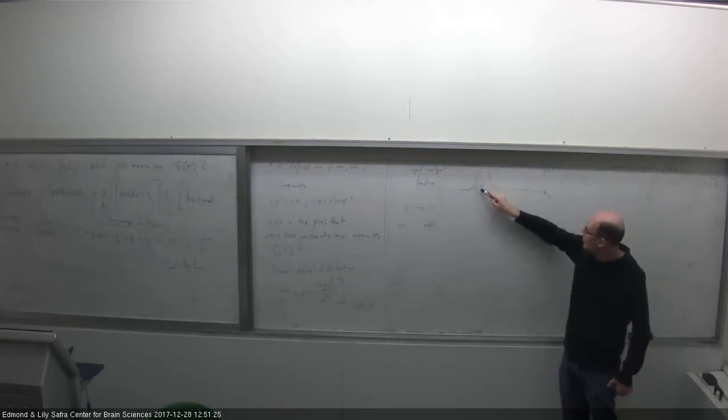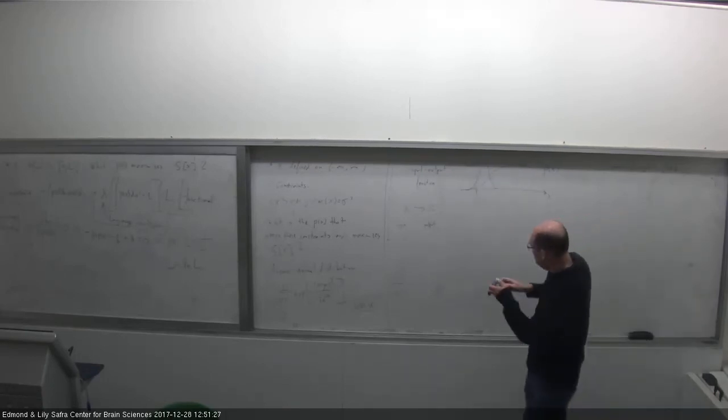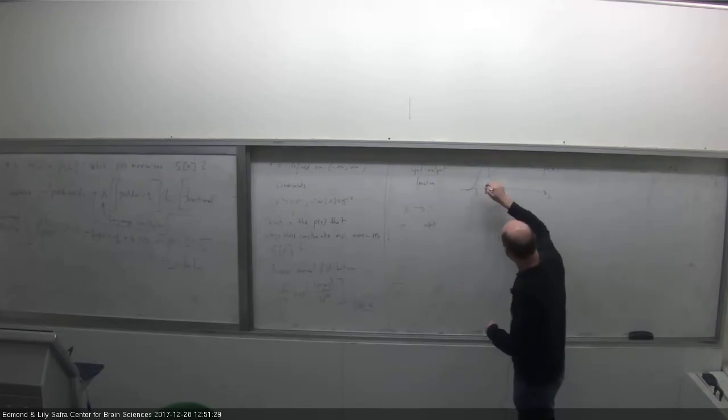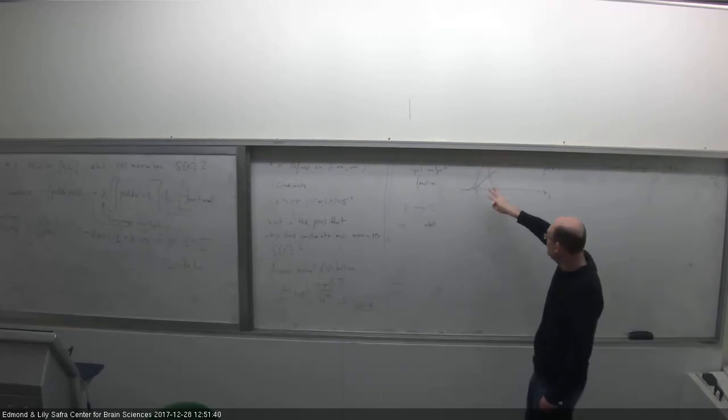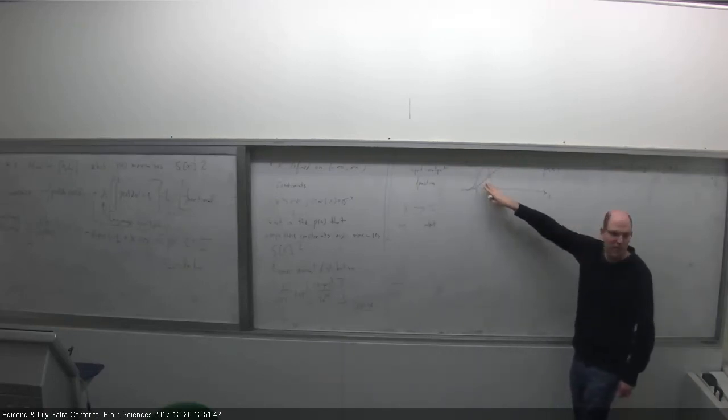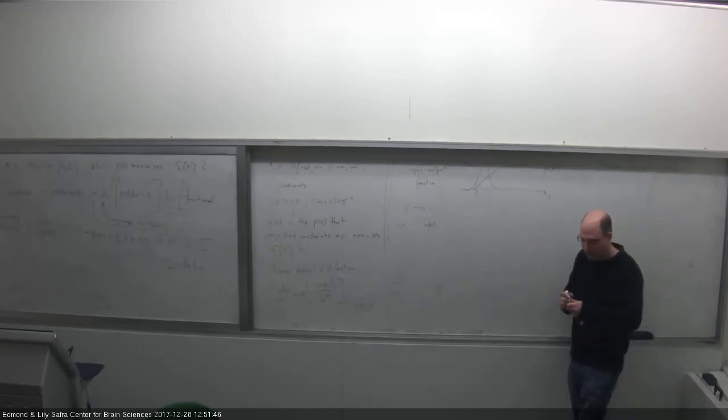In the way I drew this curve, I should have drawn it like this. R is the most sensitive to X for the value of X that is most likely. This is the intuition behind why this looks like this, but we will do it precisely mathematically on Tuesday. Okay.